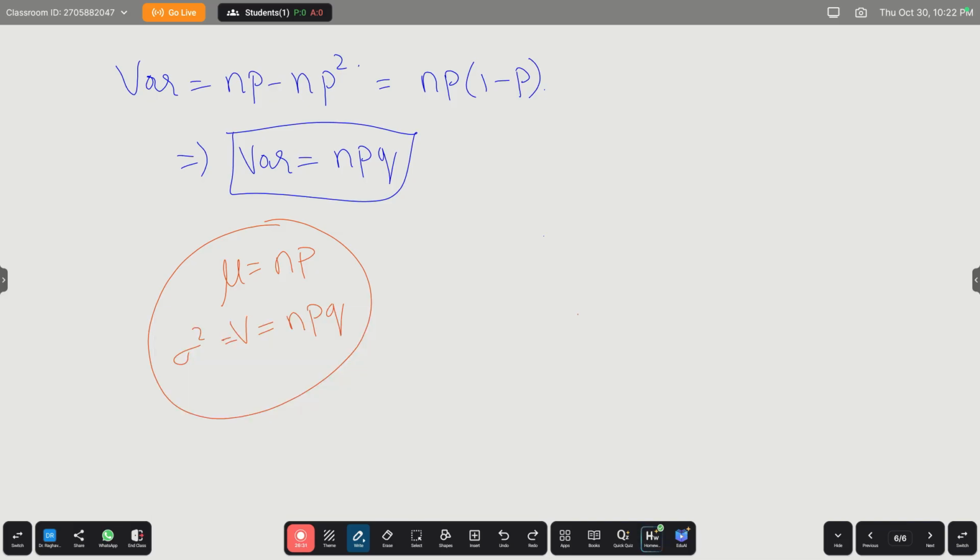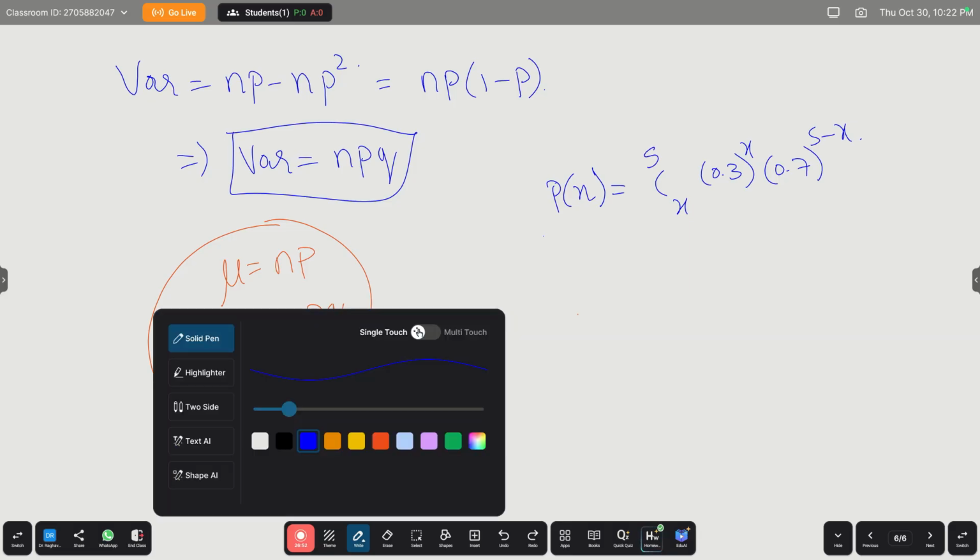Say for example, my binomial distribution is p of x is equal to 5cx into 0.3 power x into 0.7 power 5 minus x. So I need not expand this. I need not use the general formula to find the mean and variance.